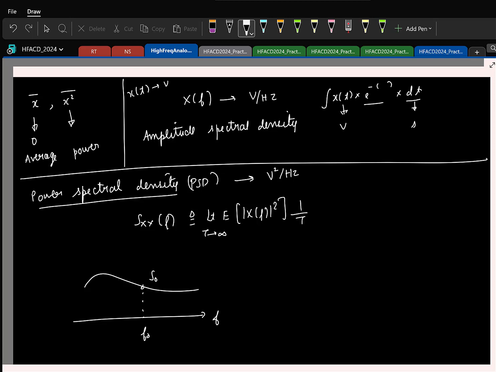All it says is, if I look around f0 in a 1 hertz bandwidth, there is a whole continuum of frequencies, loosely speaking infinite frequencies, and the combined power of all those frequencies is s0.